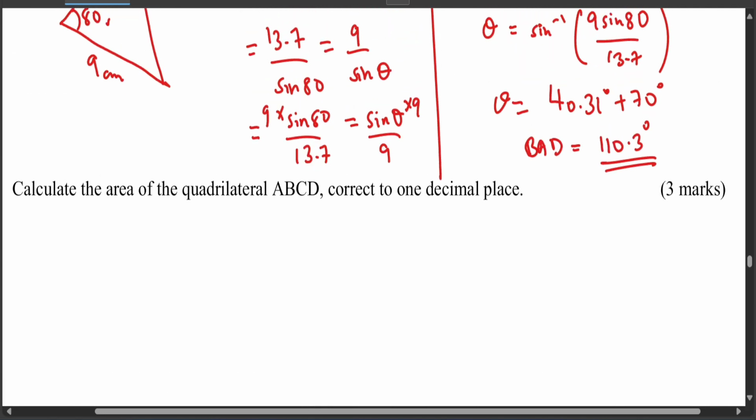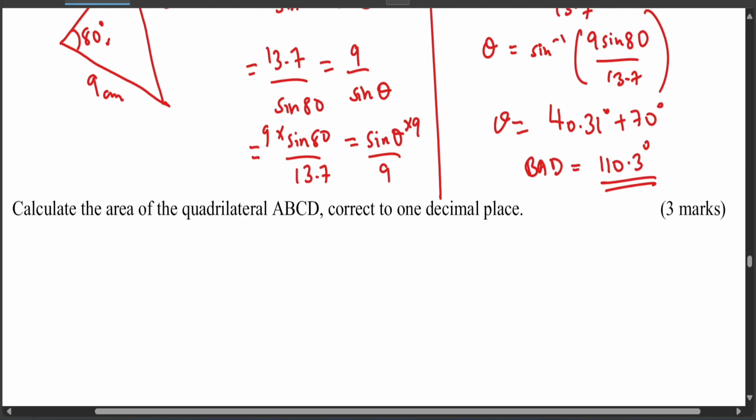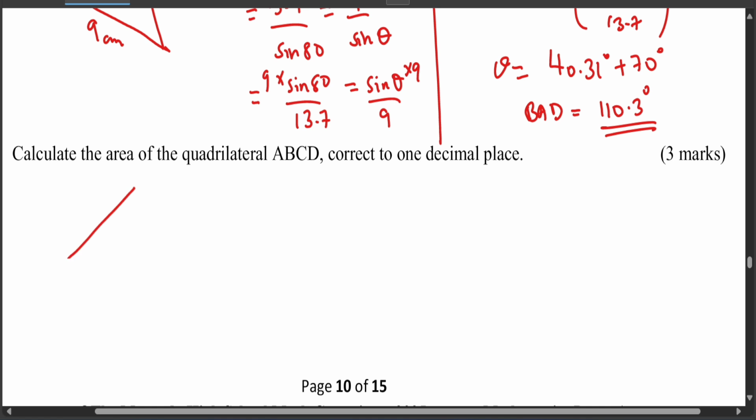Calculate the area of quadrilateral ABCD. So area of quadrilateral ABCD. So let me just draw the two triangles. So triangle ya kwanza hapa ni 80 degrees. Na tuko na 9 na tuko na 12. So tutatumia hiyo angle kutafuta area. How? By saying I have half AB sin theta.